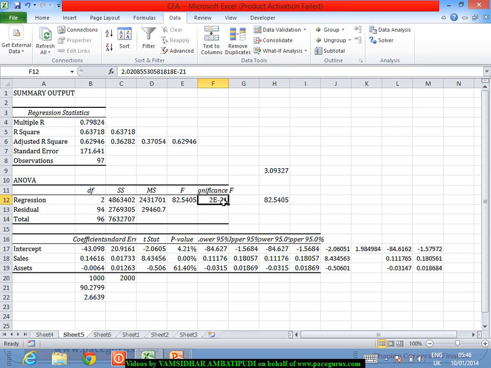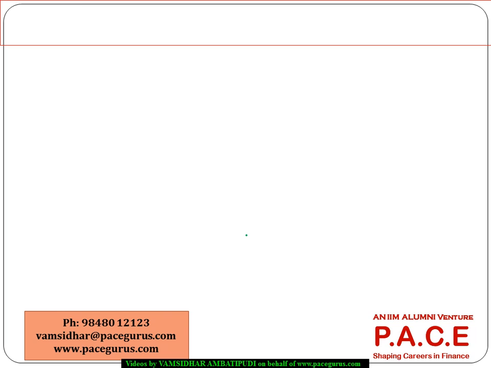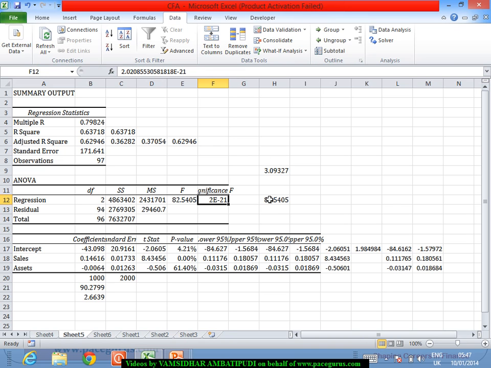Now, the significance shown here is similar to a p-value, which is the lowest significance level at which the null hypothesis can be rejected. So at a significance level of that and above, the null hypothesis is rejected. So we are talking about a 5% significance. So the null hypothesis is definitely rejected at this point.